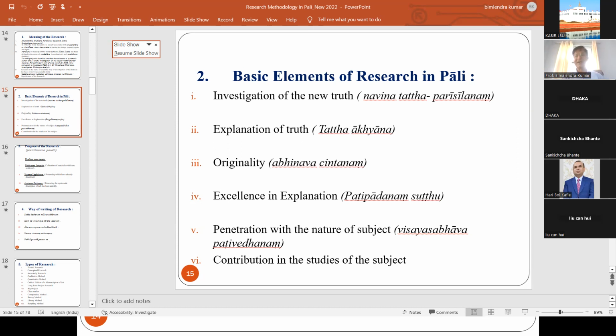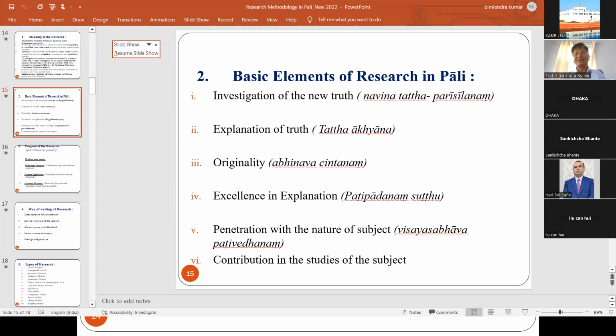How you put the ideas arising in your mind into words is an art. This is called Patipadanam Suttu, that is, the excellence in explanation of the terms. Whenever you are writing or explaining any terms or concepts, this is excellence in explanation.